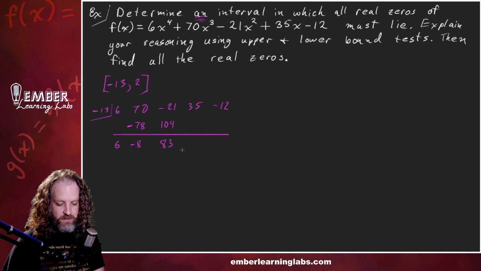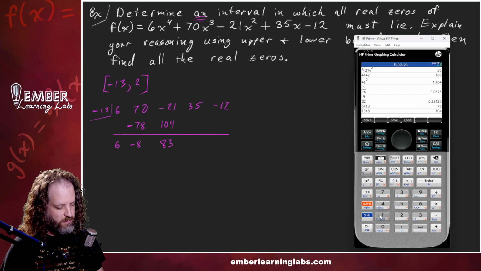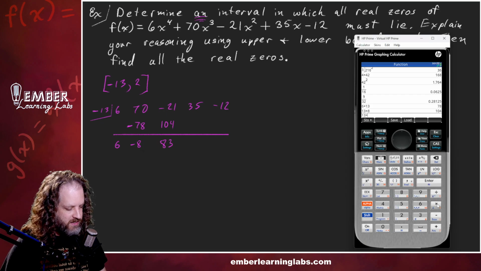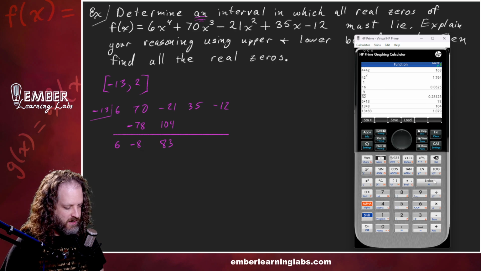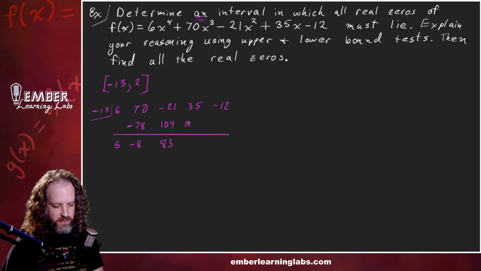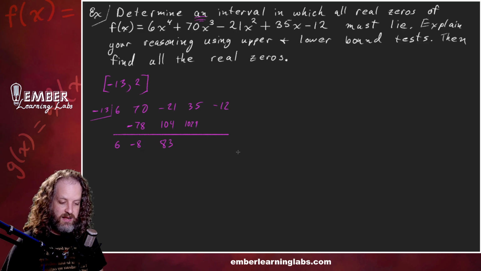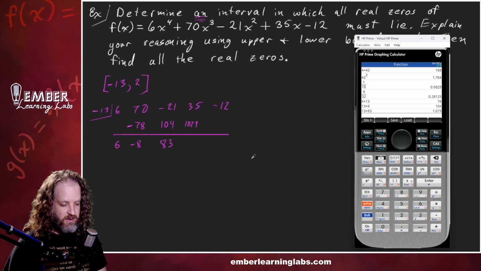And then negative 13 times 83, we could do that in our head, but I'm not even going to worry about it. 13 times 83. Double check I put it in right. I did. Enter. 1,079. 1,079. 35 plus 1,079 is 2,014 maybe.